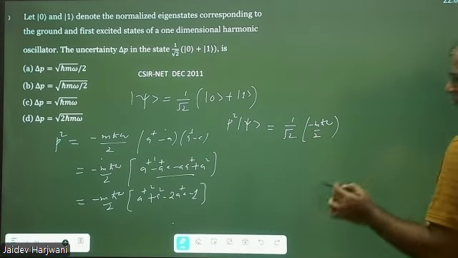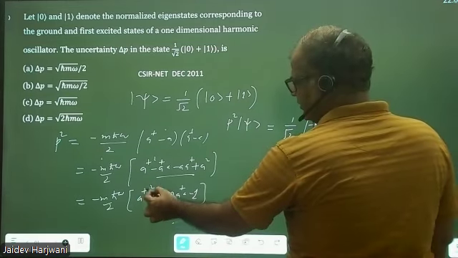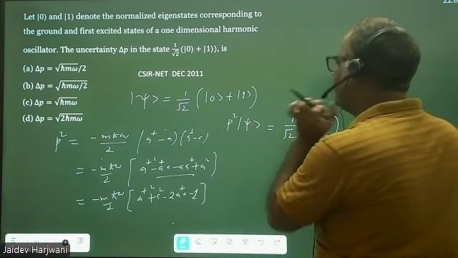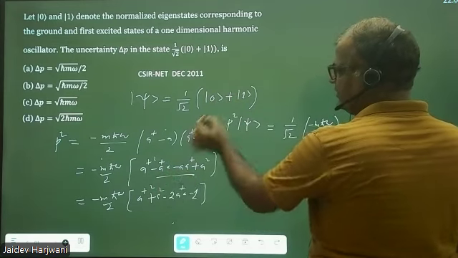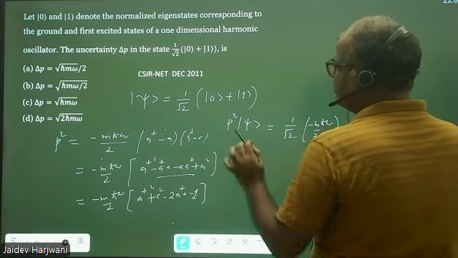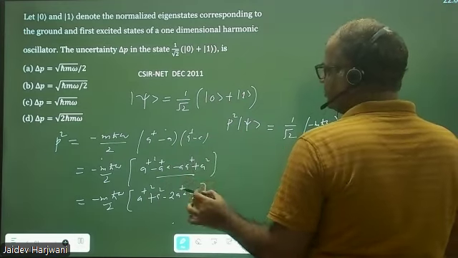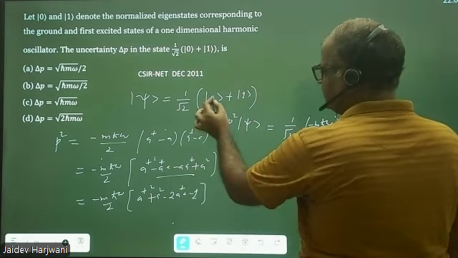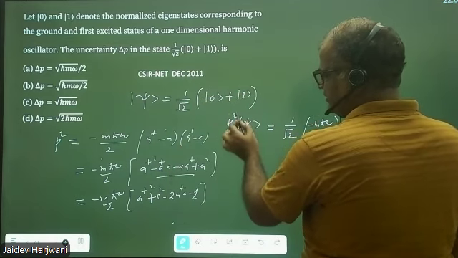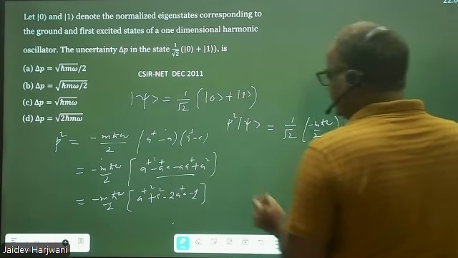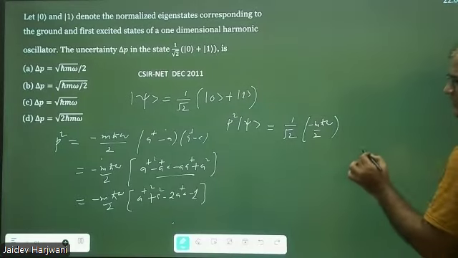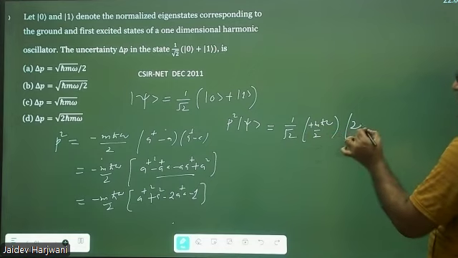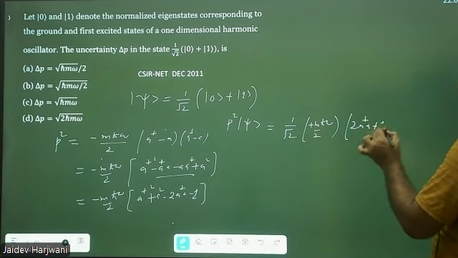When a square operates on 0, or a dagger square operates, we get state 2. State 2 is not useful because it will be orthogonal to 0 and 1. Similarly, a square on these gives 0. So the only useful contribution comes from minus (2 a dagger a plus 1).